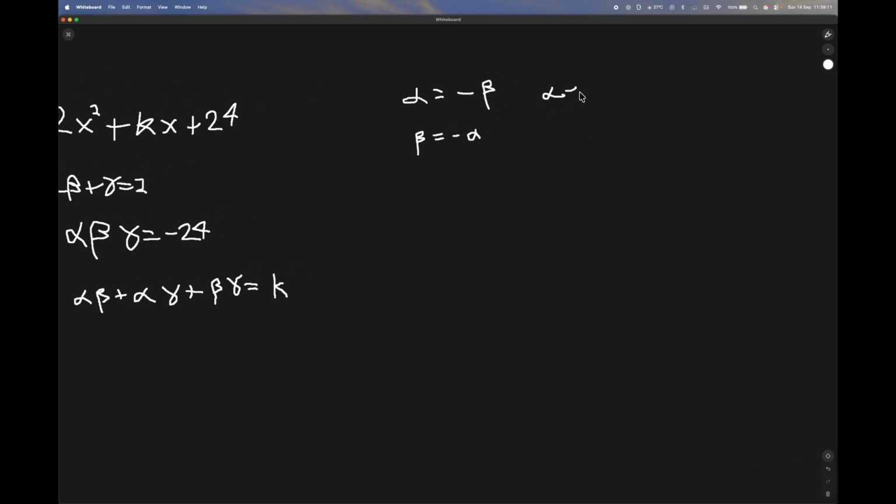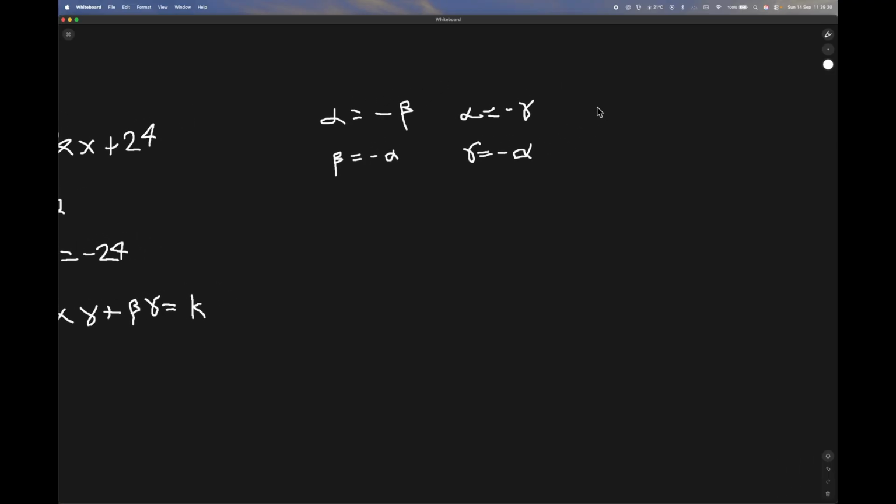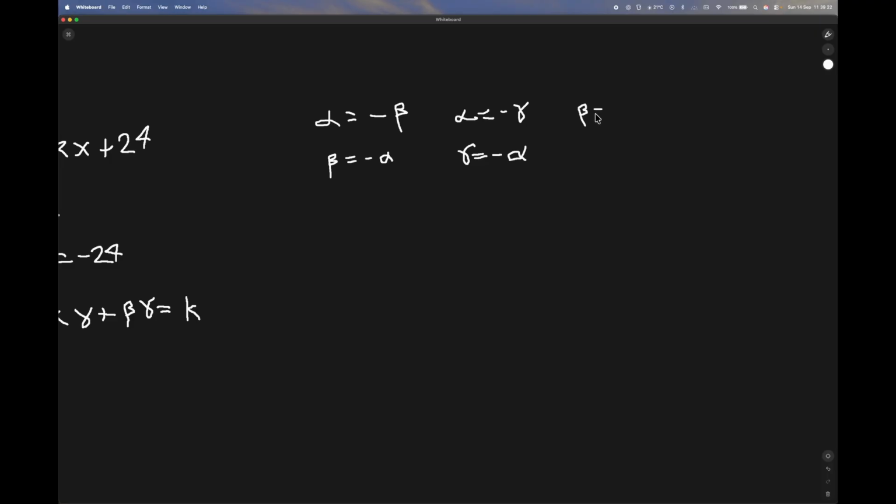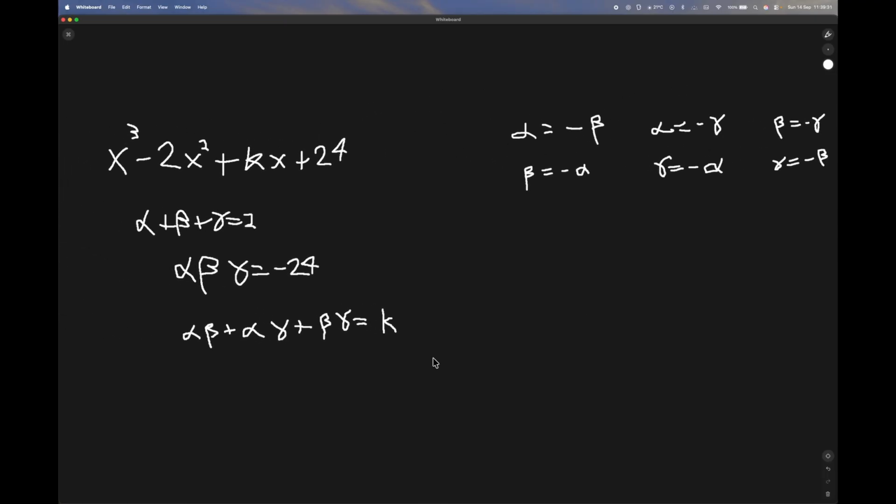Alpha is equal to negative gamma. Gamma is equal to negative alpha. So it doesn't matter which way we put the roots.